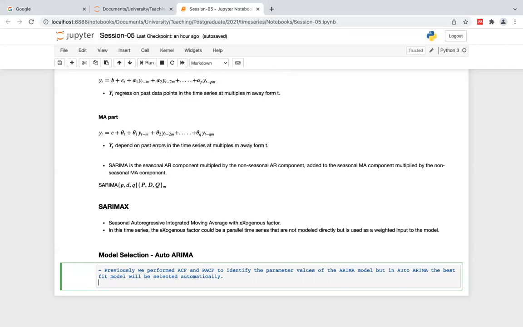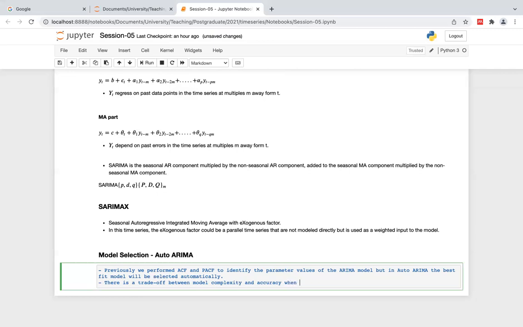There is a trade-off between the model complexity and the model accuracy, definitely, in the model selection process.